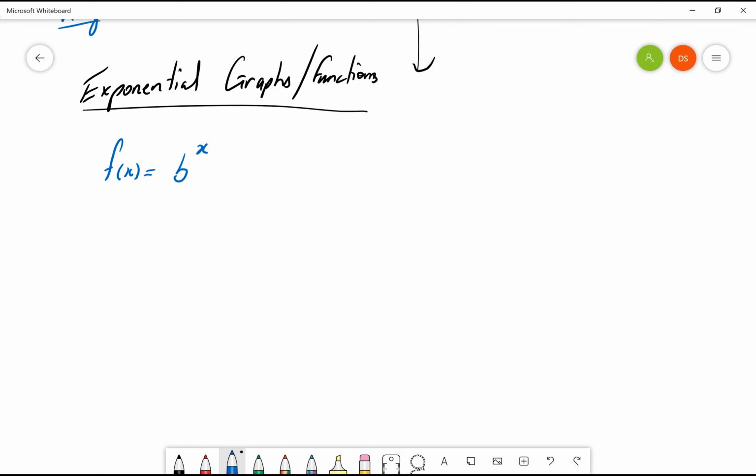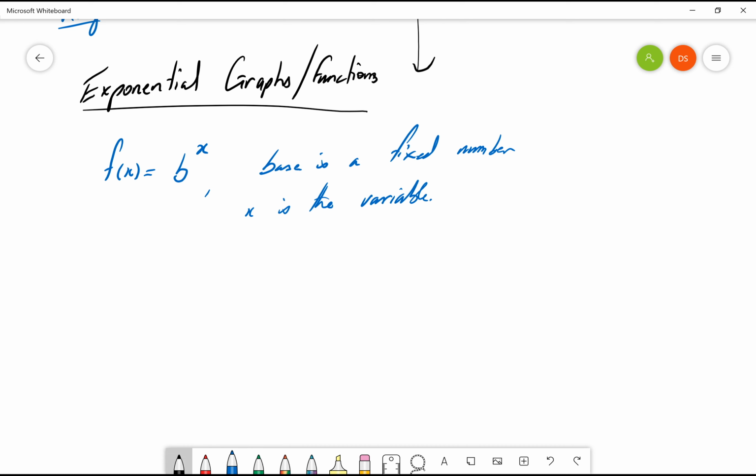These are very common. The base is a fixed number, and x is the variable. So how do these look?